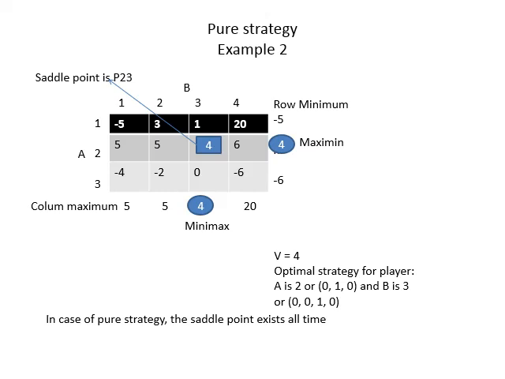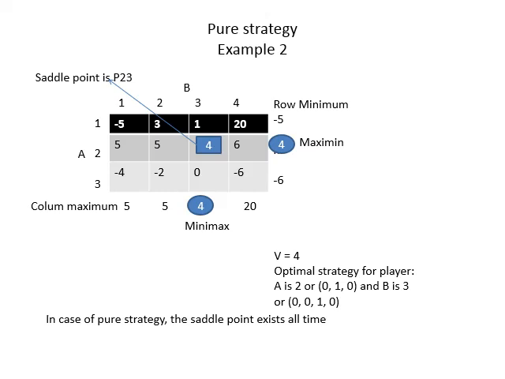That means player A will play strategy number 2 and he will ignore the first strategy and the third strategy.